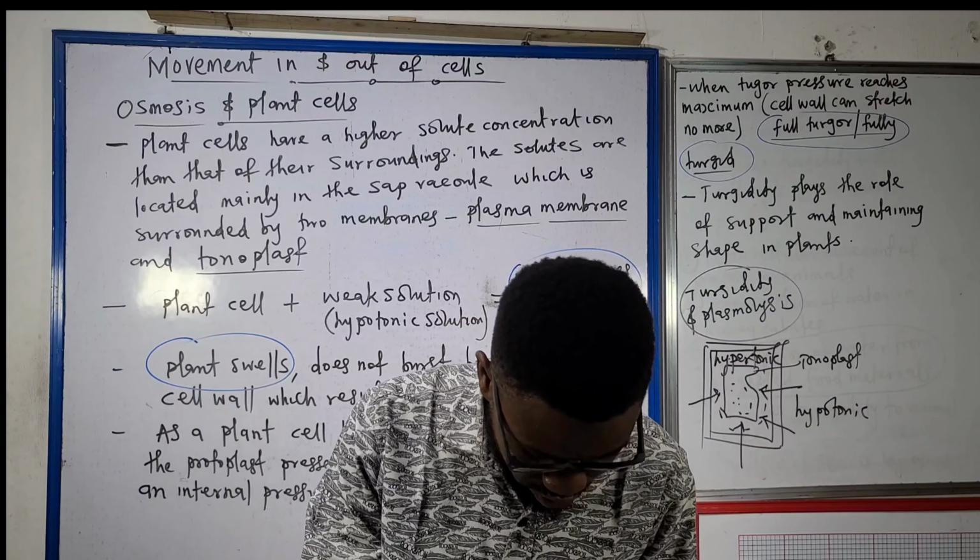So it means water is going to move out of the cell into the surrounding. As water is drawn out of the vacuole of the plant cell by osmosis, the cells begin to shrink and the cytoplasmic lining from the cell wall is pulled inward. You can see that incipient plasmolysis.